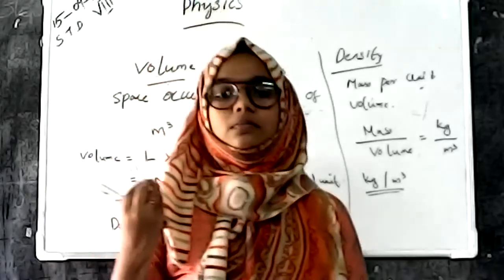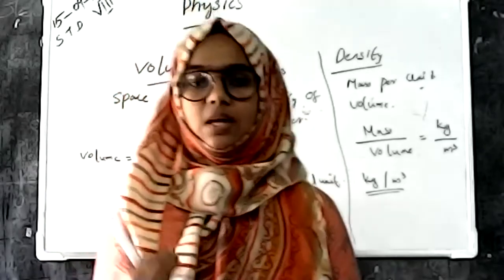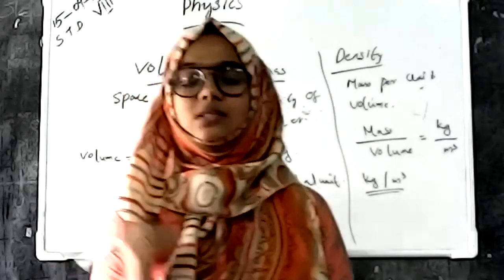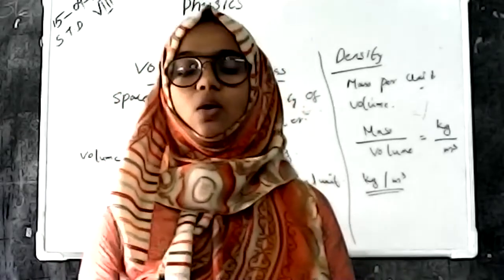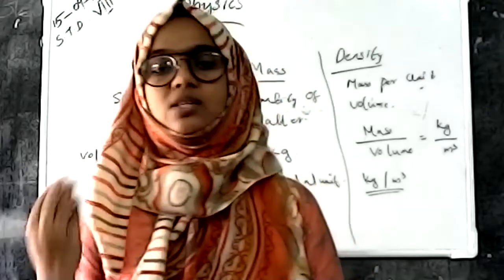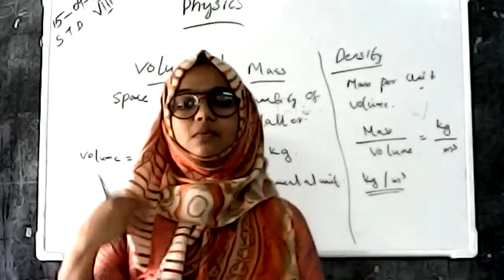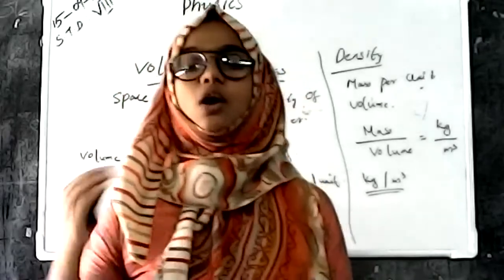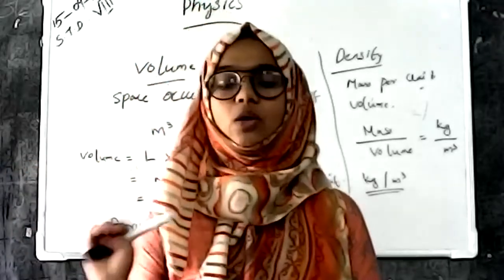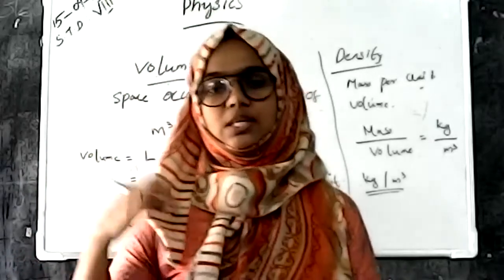So any object we put into that sea only floats, it is not immersed, because the density of the sea water is higher in the Dead Sea compared to other seas. So if the density of any substance is higher, objects put into it only float on the surface because the density of that substance is higher.